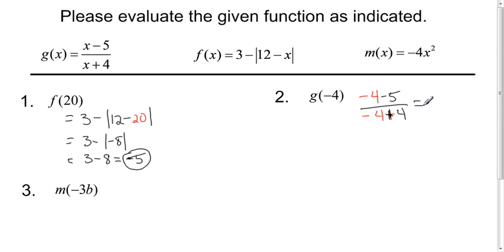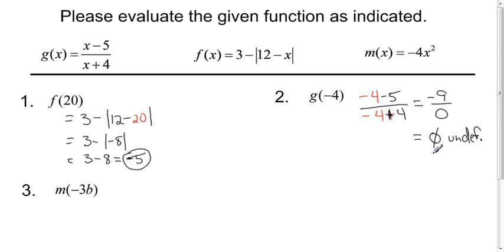And when we simplify the top, we get -9. When we simplify the bottom, we get 0, which you must, under all circumstances, when we see this 0 in the denominator, remember that this means it's undefined. This means, in fact, when we use -4 as an input in the g function, there is no output, because it leads us to an undefined number.